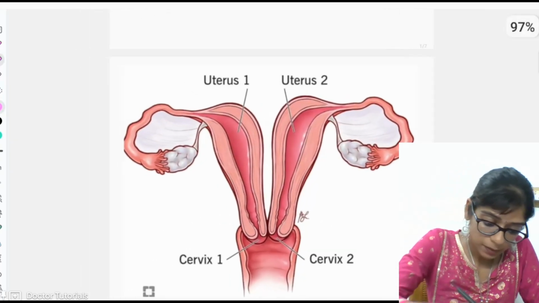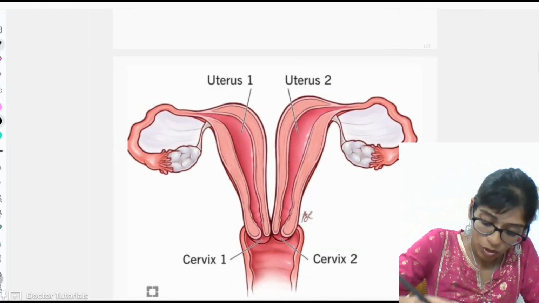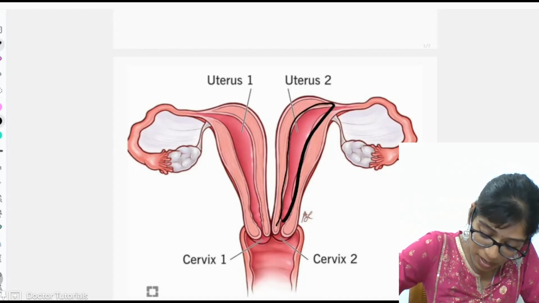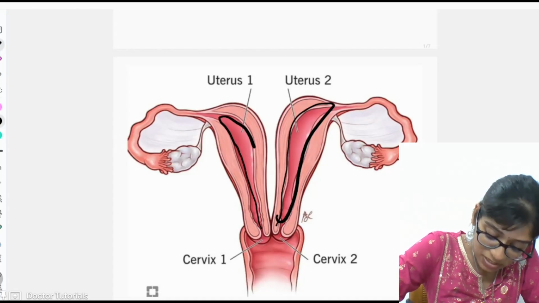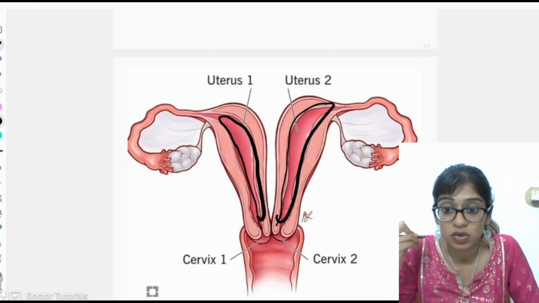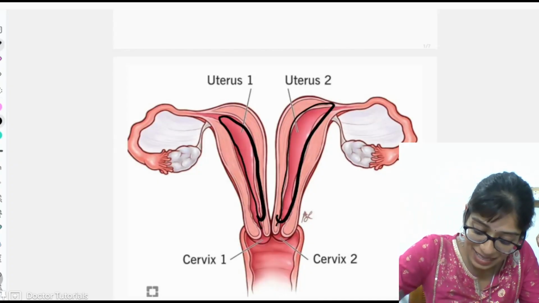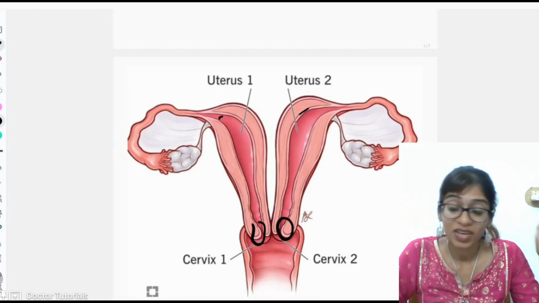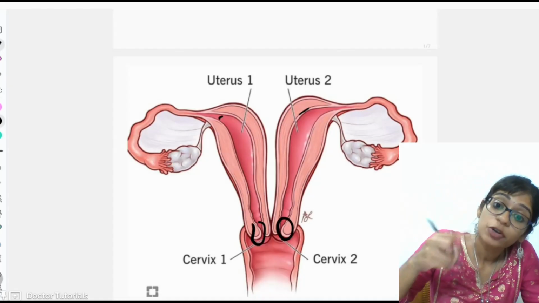In this picture, you can observe that there are two separate uterine cavities, and they have their own cervix. This is the cervix. And some women can have even two vaginas.